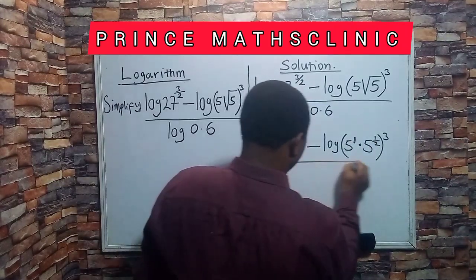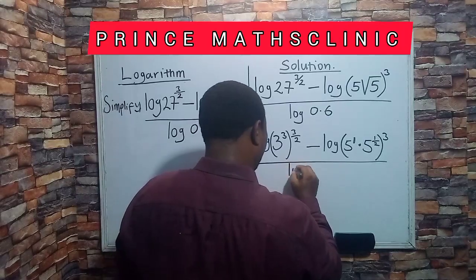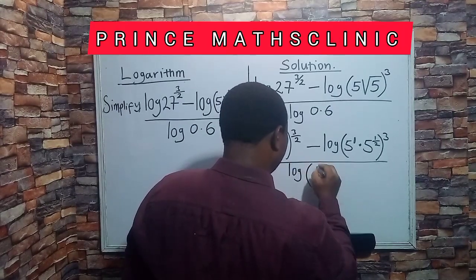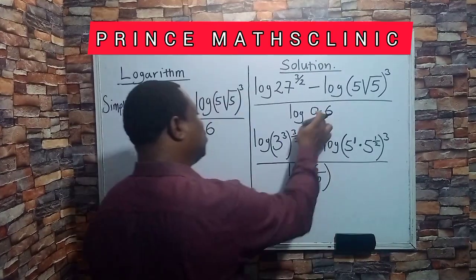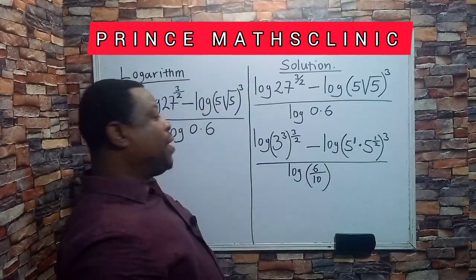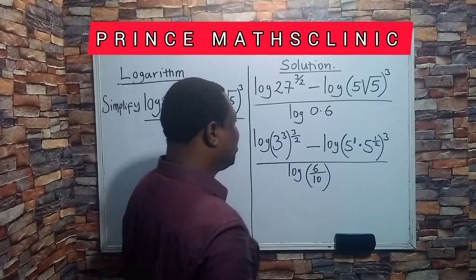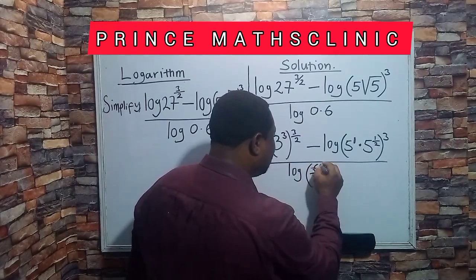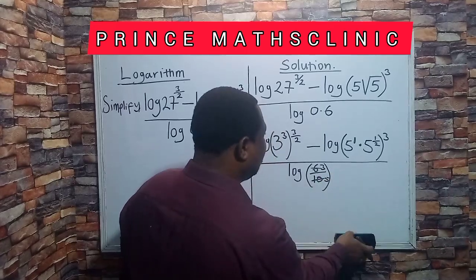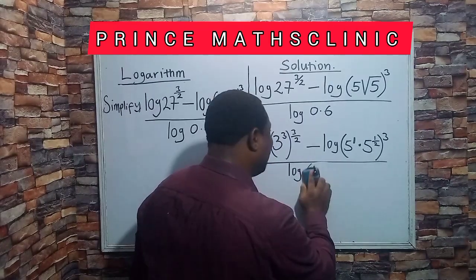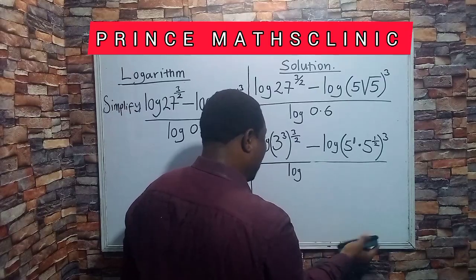Then everything over log of 6 over 10, which is the same as 0.6. Then I can break it down. 2 can go in 6 3 times, 2 can go in 10 5 times. So instead of writing 6 over 10, I'll write log 3 over 5.